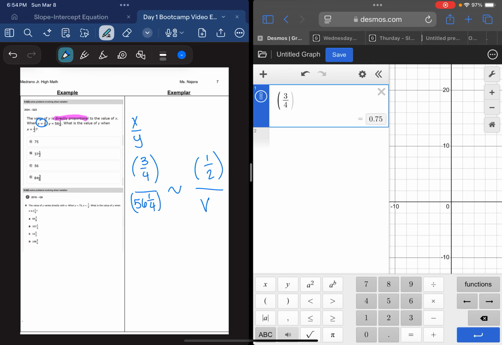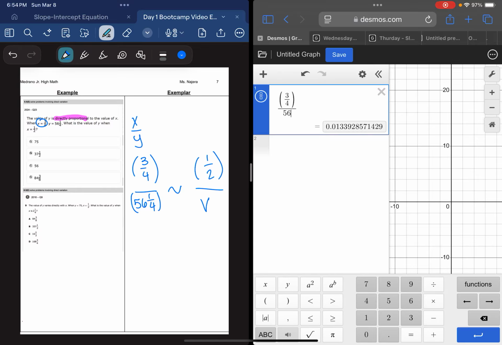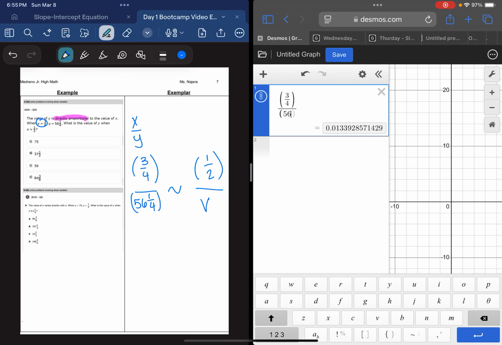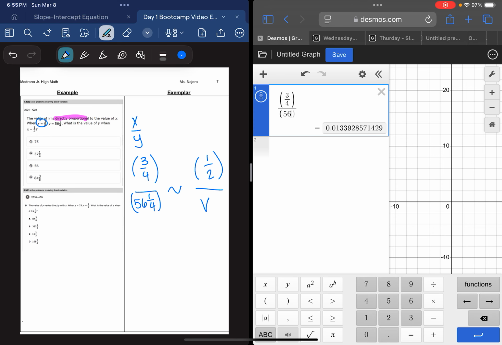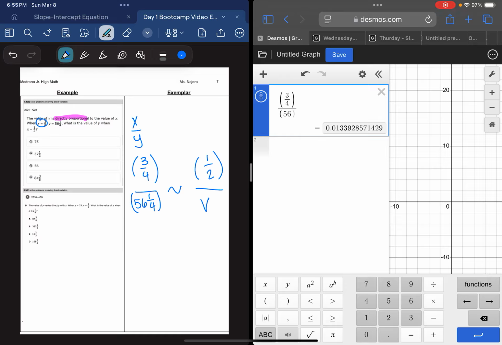So 3/4 divided by 56 and 1/4. Okay, so we'll do 56 plus 1/4.